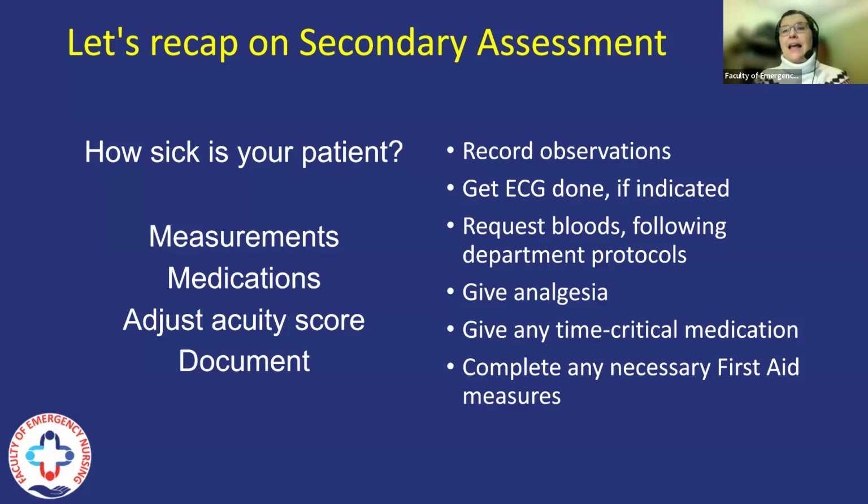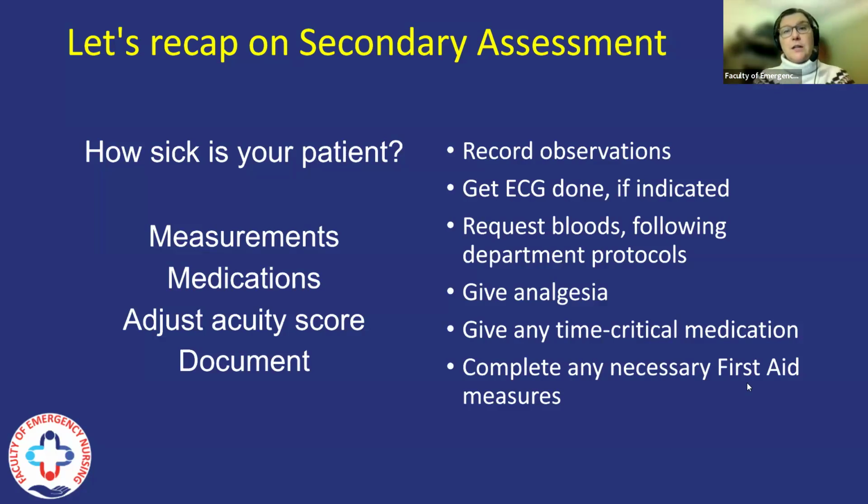So making that a little bit more granular, we're expecting you to record the observations. So clearly in a secondary assessment, you need to have your secondary assessment room set up to enable the recording of observations. And that's not just pulse and temperature and SATs. There would also be visual acuity as well. You need to have somewhere that an ECG can be done.